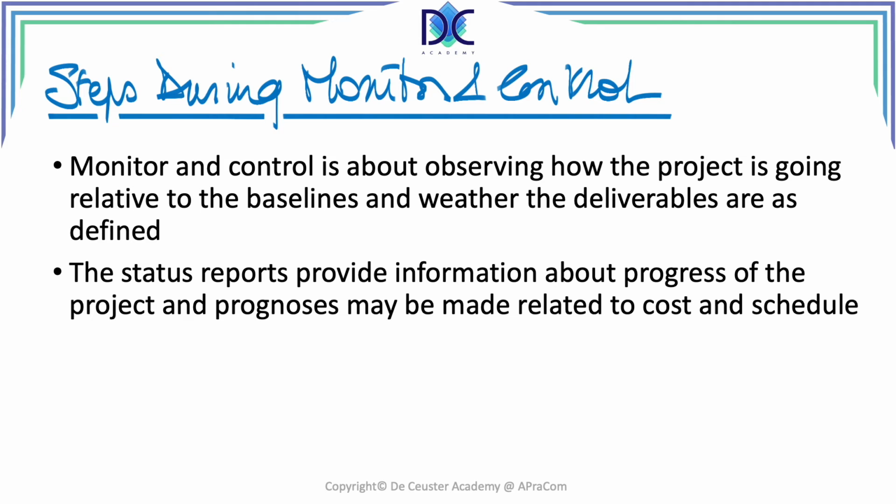For cost, we typically will use earned value management. For schedule, we can also use earned value management, but the best parameter to observe is the Gantt chart with the schedule baseline, and see how our project is evolving relative to these elements.